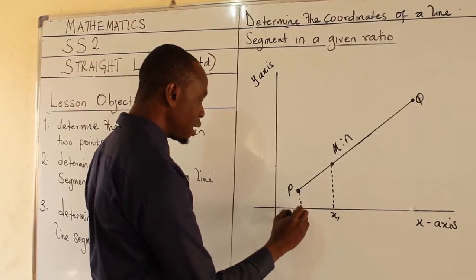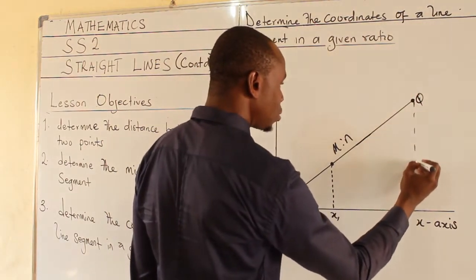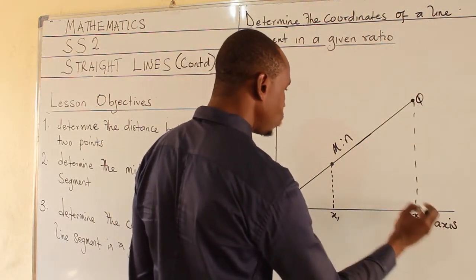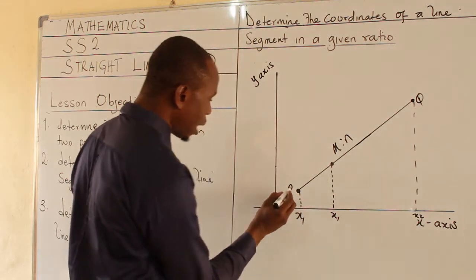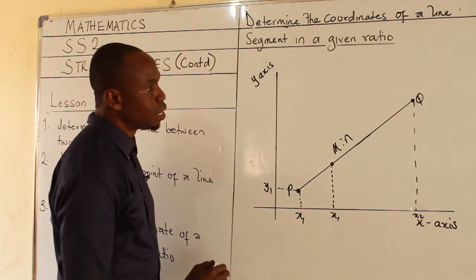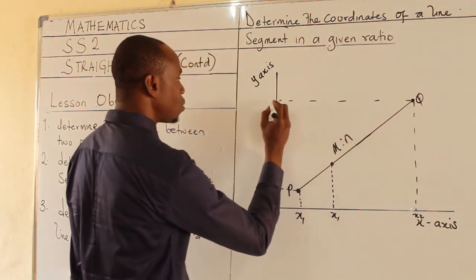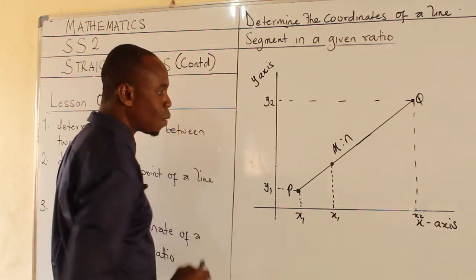So the P had its coordinate as x1, and the Q had its coordinate as x2. The P also had a coordinate of y1, and the Q had a coordinate of y2.